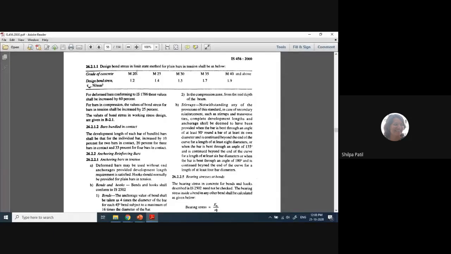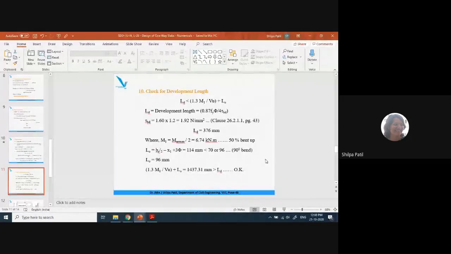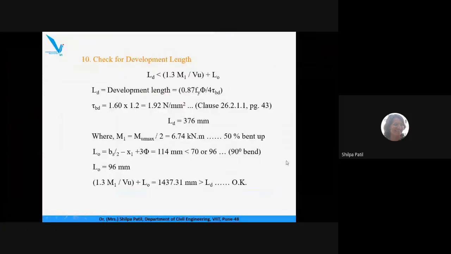So for M20 grade, the design bond stress, that is tau BD, is coming as 1.2. Okay, so that value is adopted here, 1.2. And 0.87 Fy into phi, which is 8, divided by 4 into 1.2, our value is coming as LD equal to 376 mm.